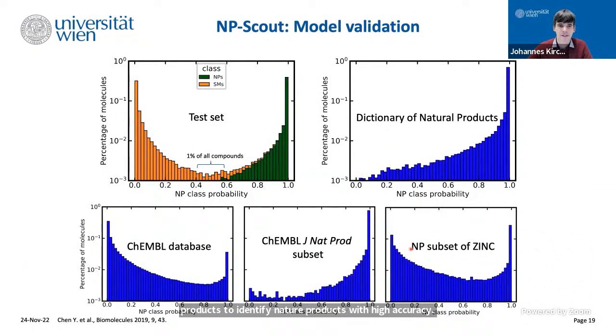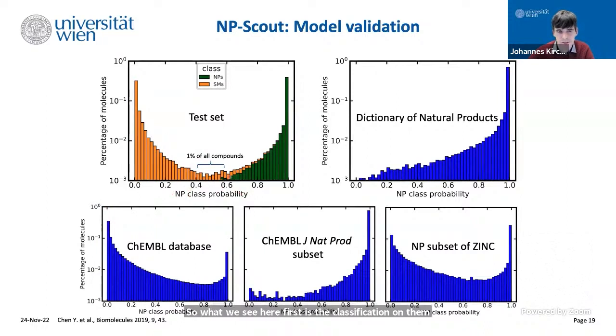Now, why is this interesting? It is interesting if you work with data sets that you want to use as natural product data sets, for example. I just want to give you one example here. We just need to be careful here. So this is a logarithmic scale in all cases. So what we see here first is the classification on a test set.